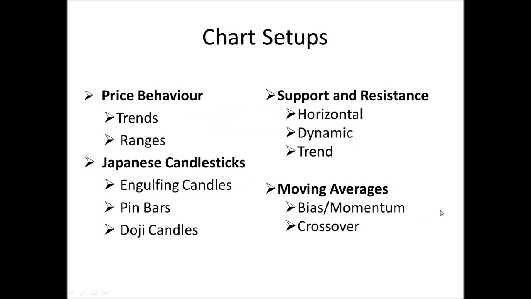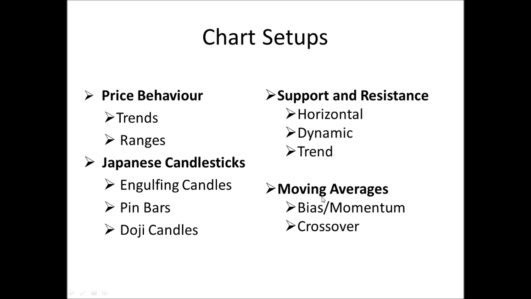In the last 13 videos of this course, I have taught about price behavior, how price trends, how price ranges, and I taught about highs and lows of trends, Japanese candlesticks, engulfing candles, pin bars, and doji candles, and just how powerful these signals are, support and resistance, horizontal support and resistance, dynamic support and resistance, and trend support and resistance, including the support and resistance that can be created by channels.